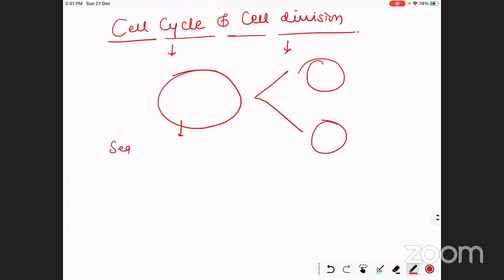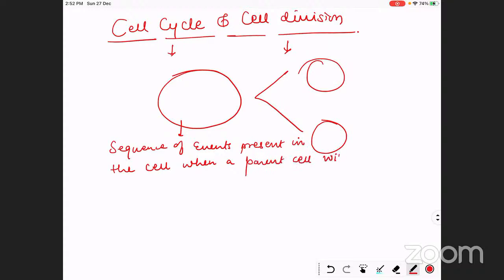So, a sequence of events present in the cell when a parent cell will divide into two daughter cells.